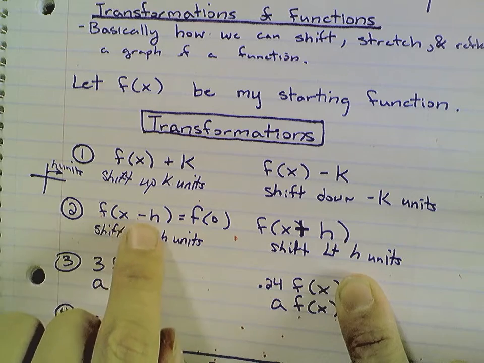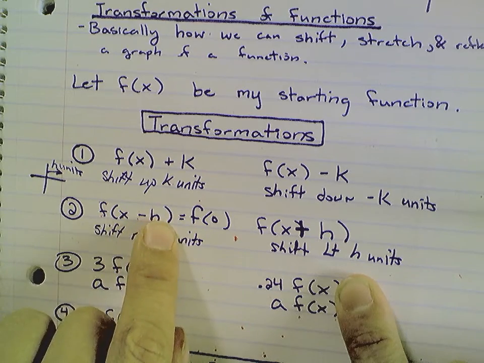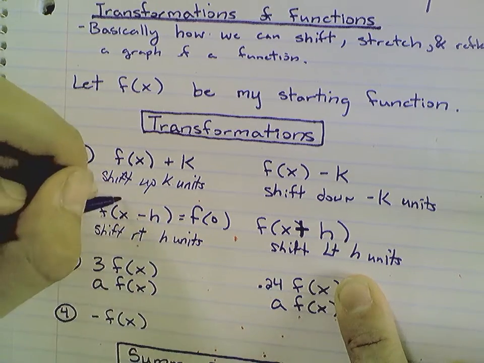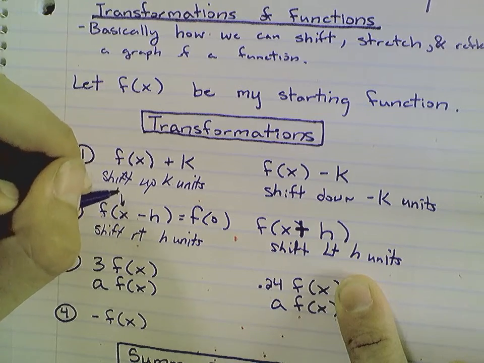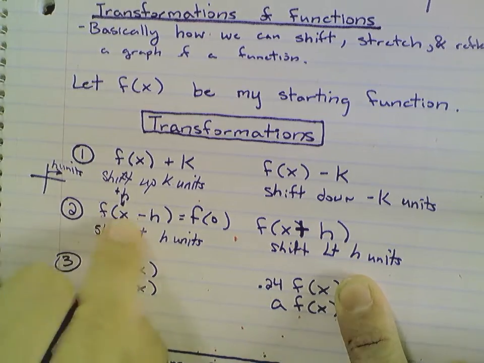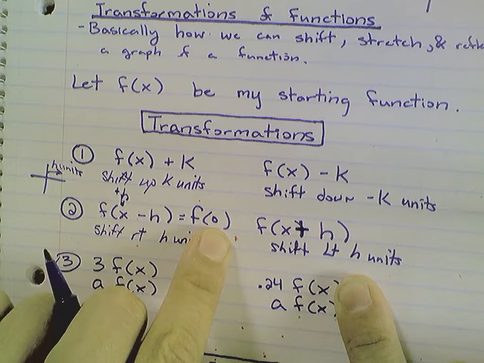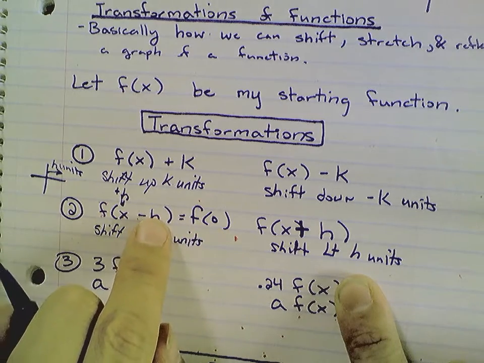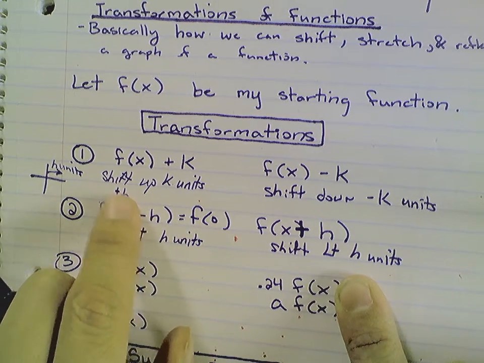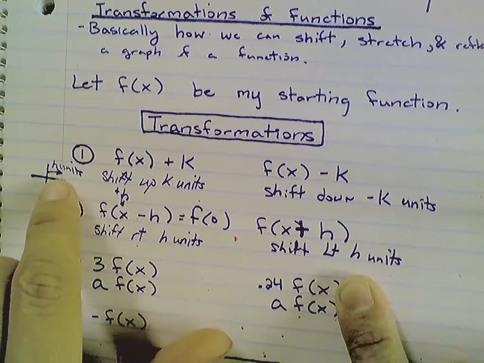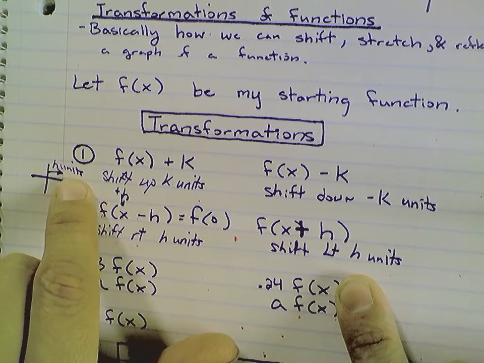Well, notice if I subtract h from the inside, I would have to plug in a positive h to get the inside back to 0, right? So if I subtract h units and that forces me to plug in a positive h, that's really going to move me positive h on the graph.